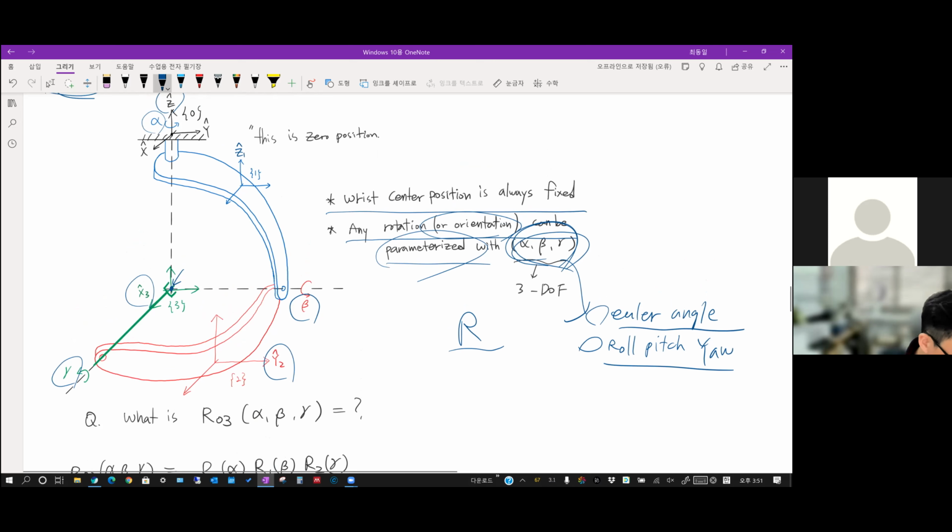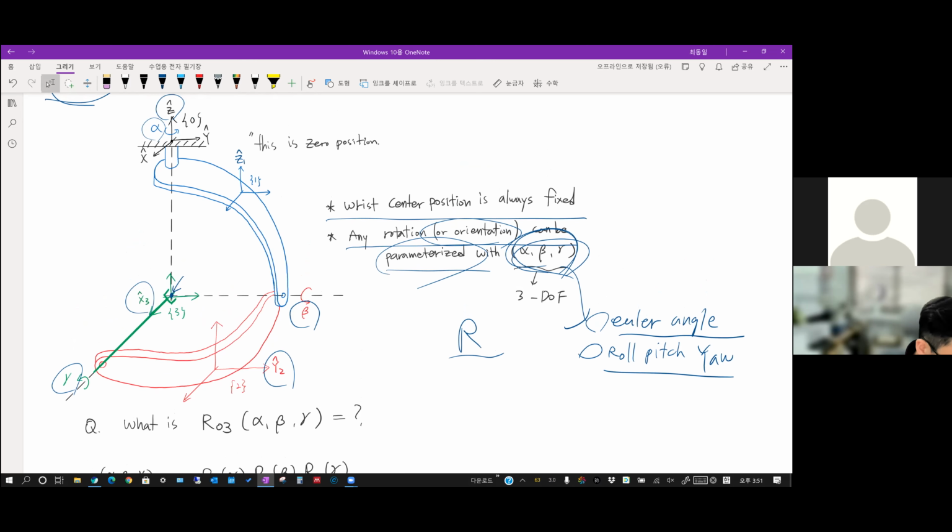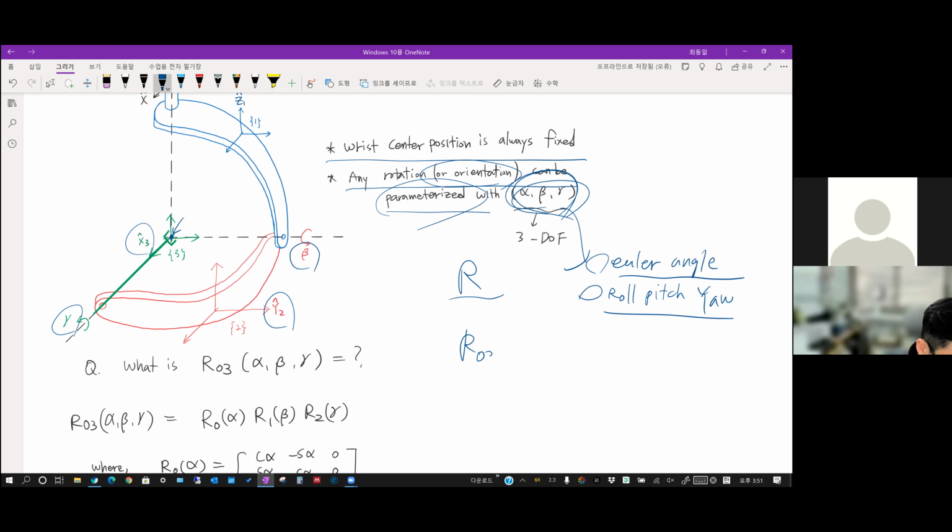So in this example, R03, what is R03? It means in the reference frame 0, we express frame 3. We express the orientation of the 3 axis, 3 frame.